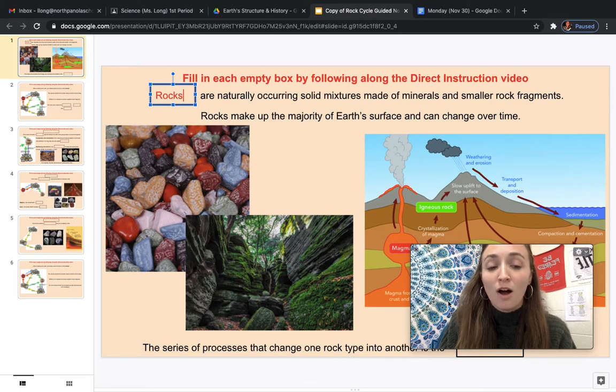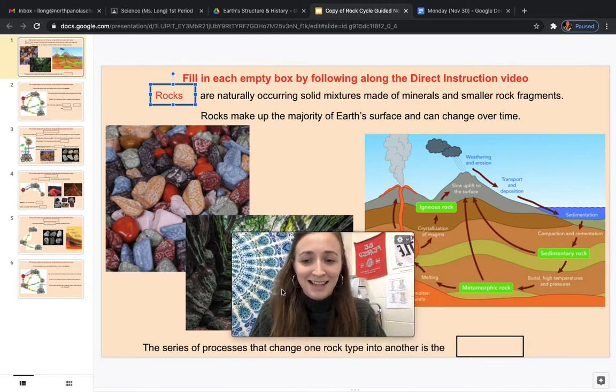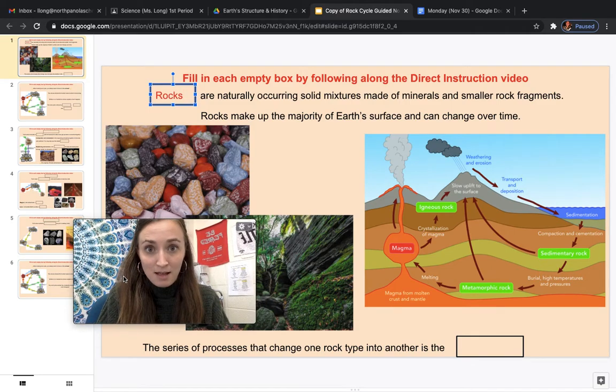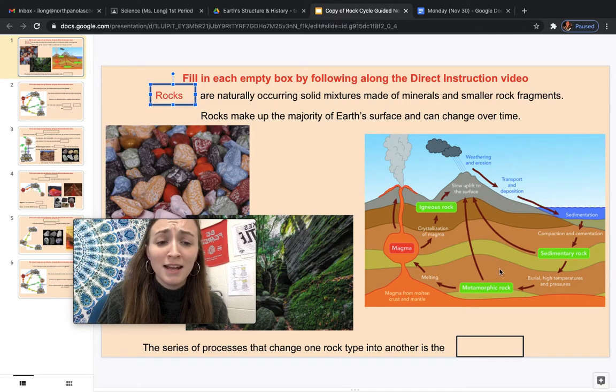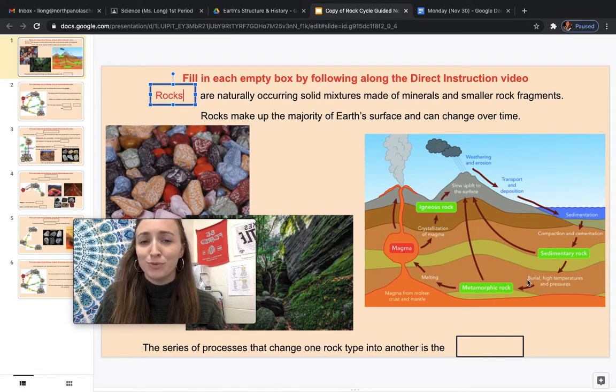Now, rocks aren't going to stay the same forever and ever. How did they even form and what are they going to turn into? That is exactly what we're going to talk about today. So there are a ton of different processes that can form a rock or change one type of rock into another type of rock, and we're going to break that down.